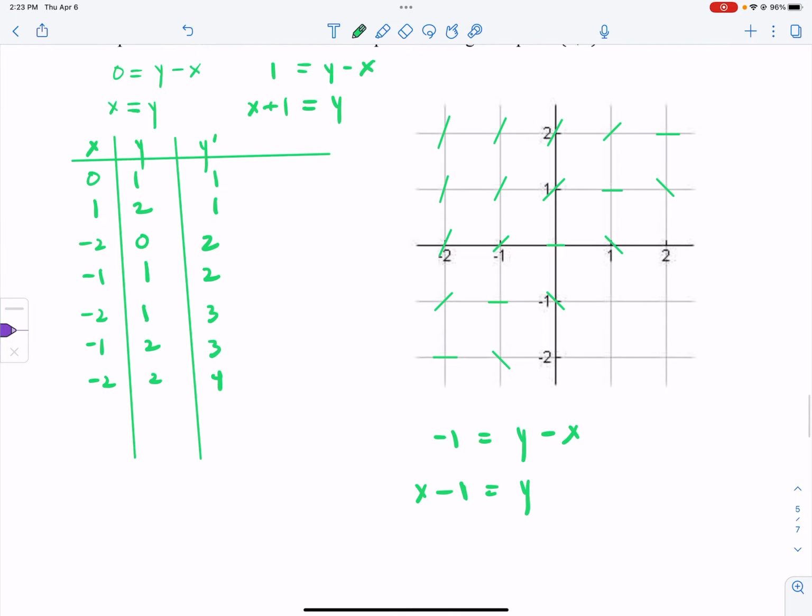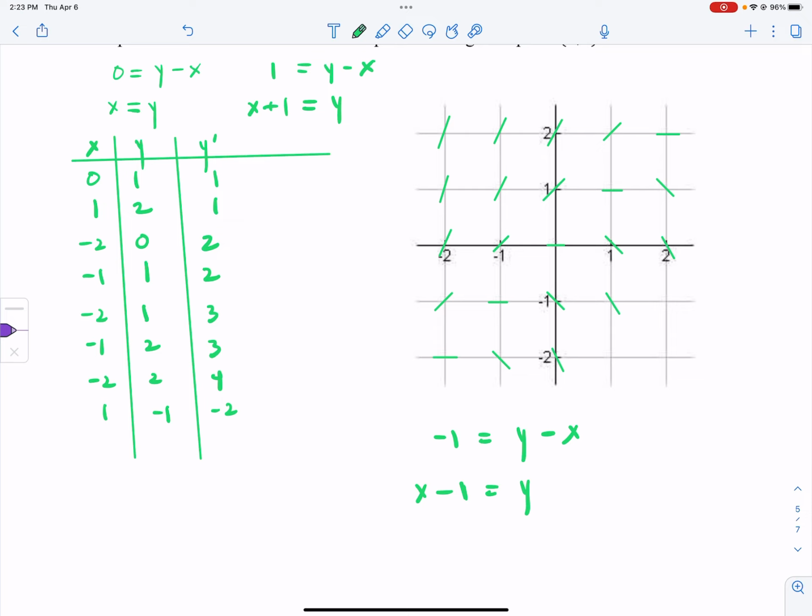And then 1, -1. So -1 minus 1 would be -2. Okay, and then 0, -2 would also be -2. 2, 0 would also be -2.